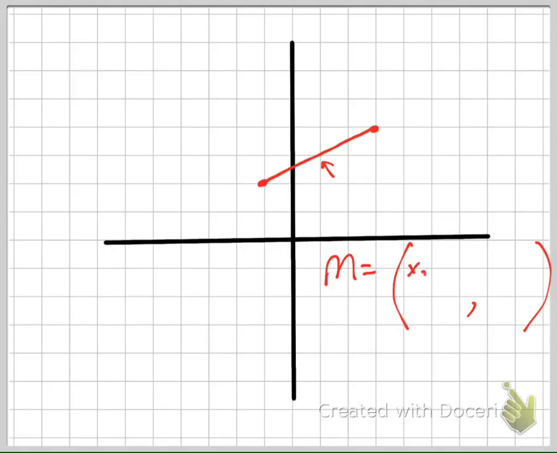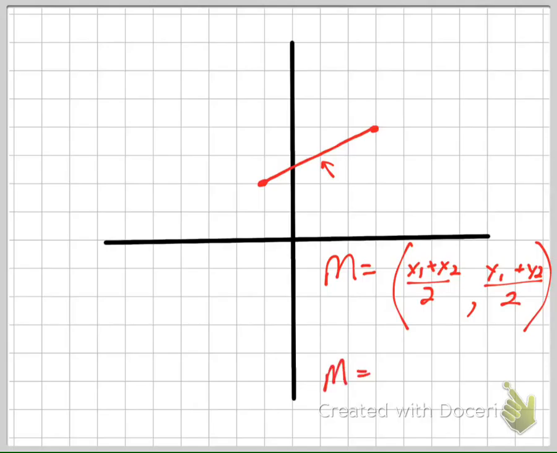Okay. x2 plus x1, or x1 plus x2 over 2. Right, because this is the x. I remember now. And then y1 plus y2 divided by 2. You see how that's just one coordinate? So that's easy. So then let's plug this in.